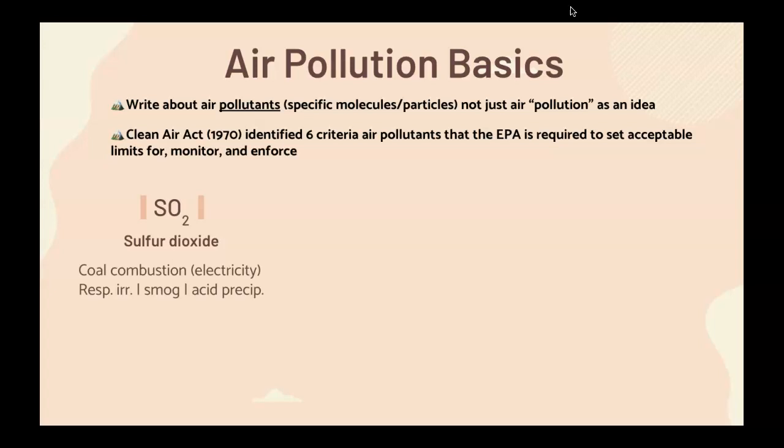When SO2 is in the atmosphere, it's considered a respiratory irritant, especially problematic to those that may have asthma or other lung related illnesses. It is also a precursor to smog formation. And when it combines with water in the atmosphere, it's going to cause acid rain or acid precipitation.